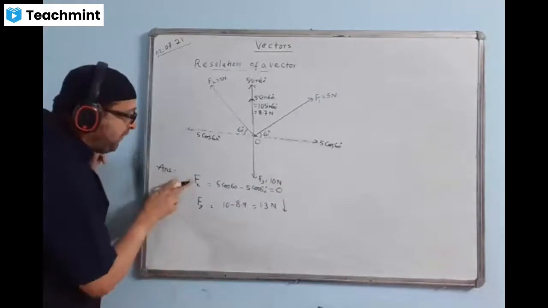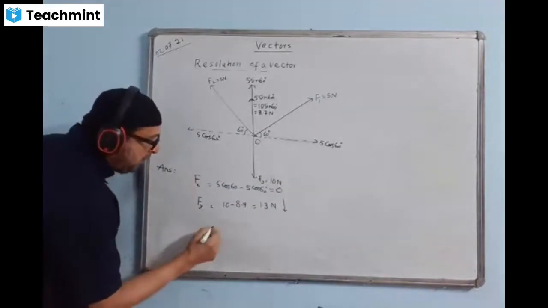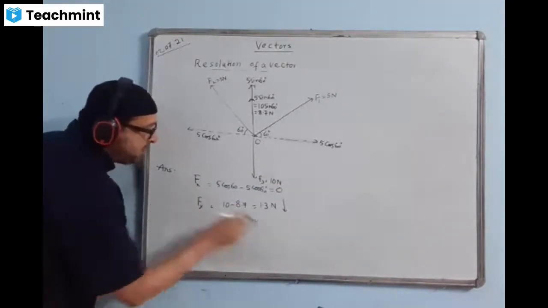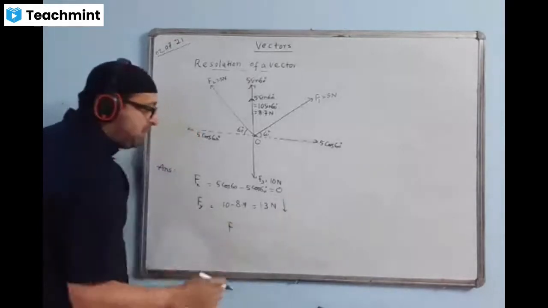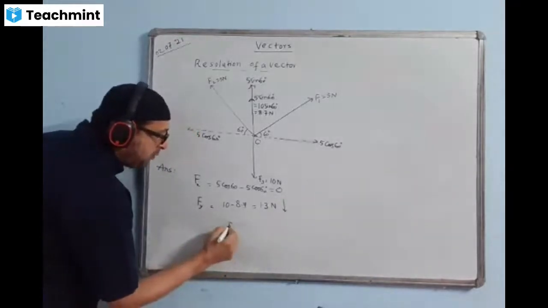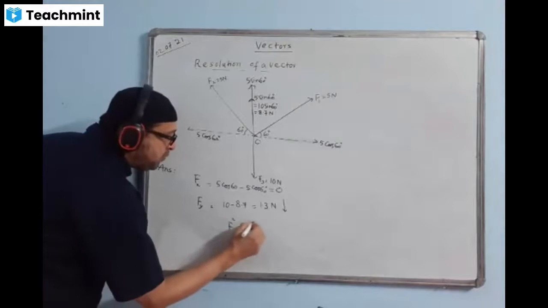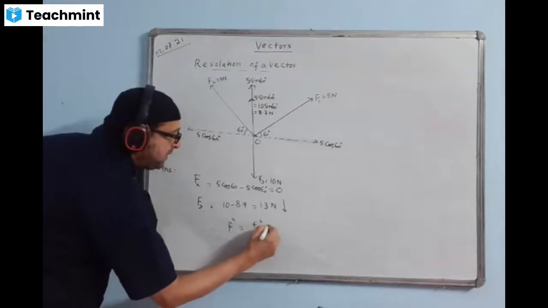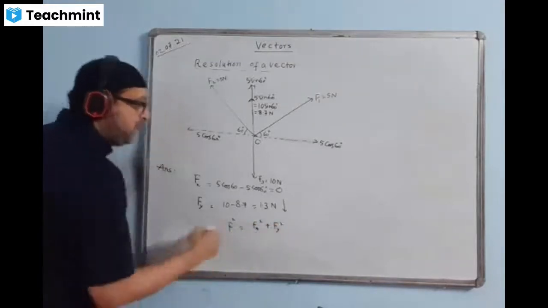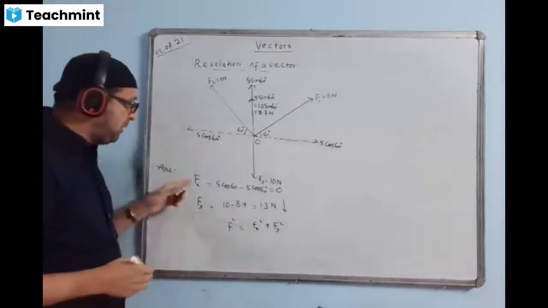Therefore, between Fx and Fy, what we have to do? We write Fx means along the x-axis, Fy means along the y-axis. Then the total force will be: F square is equal to Fx square plus Fy square. Again, we find the resultant of horizontal and vertical.